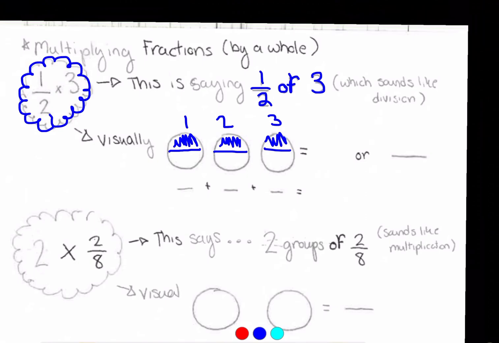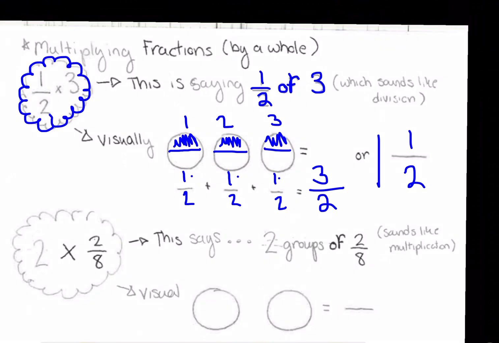Remember that multiplication is just repeated addition. So if I have 1/2 plus 1/2 plus 1/2, how many halves did I eat? I ate 1, 2, 3 halves. Or if you don't want to show it like that, you can say I ate 1 1/2 of the pizzas. If I put it all together, 3 halves is the same thing as 1 1/2.